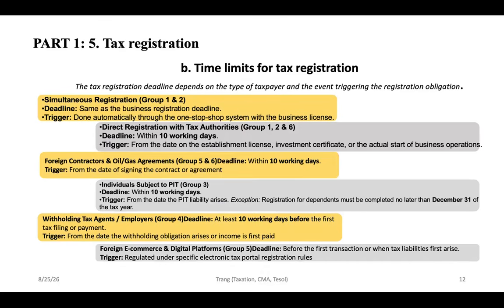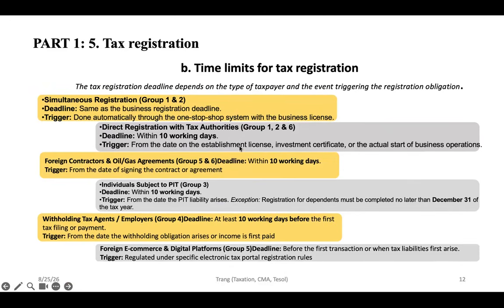Let's break it down. First, for standard businesses and households using the modern one-stop shop system, it's simple. The tax registration happens automatically alongside your business registration.